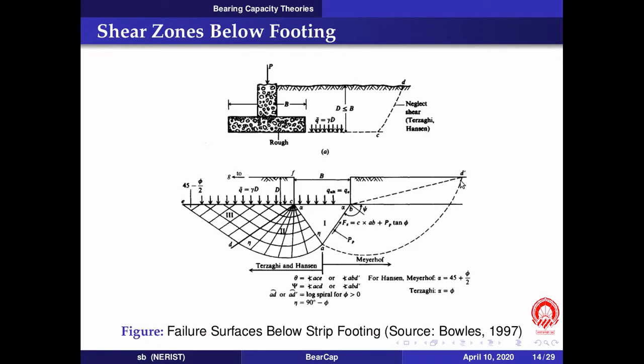He also includes in his calculation the shear resistance along this portion of the soil, which is not done by Terzaghi and Hansen. There are some differences in the details of this geometry. These are written in this figure, which is taken from Bowles' book. Here it is also shown that Terzaghi and Hansen have neglected shear along this portion, and that is how these various bearing capacity theories differ.